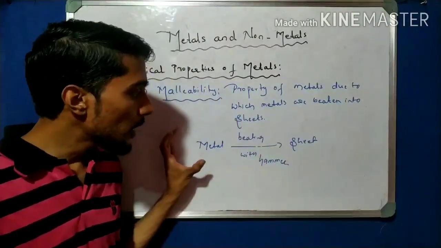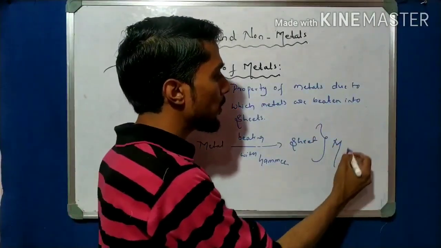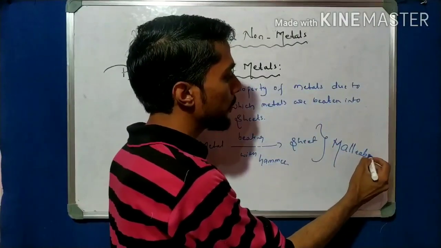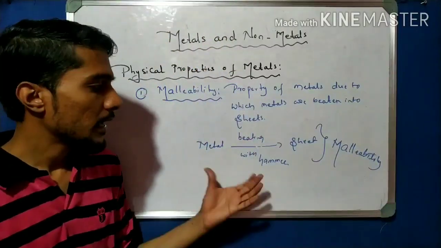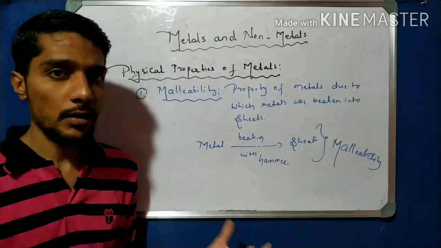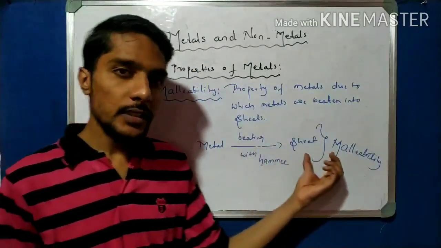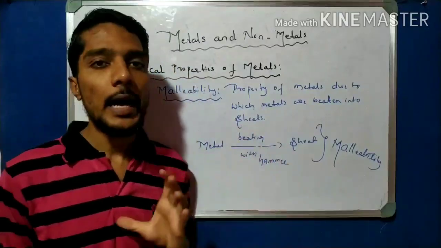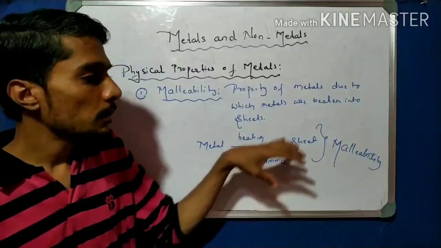And this process is called what, students? Malleability. Here is a shortcut to remember: metal is converted into sheets by beating with a hammer, and this is called malleability.